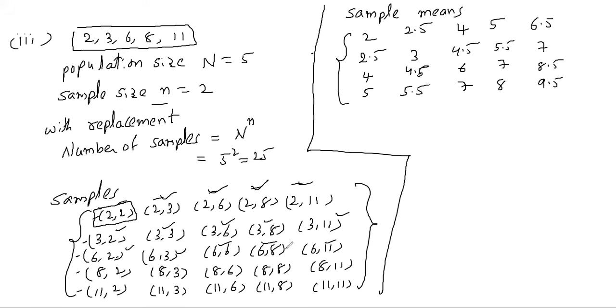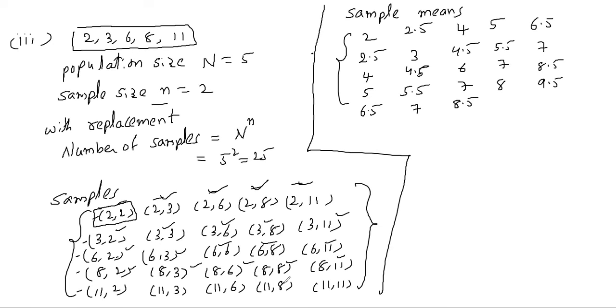Okay, next the last row. 11 plus 2 is 13, 13 by 2 is 6.5. 11 plus 3 is 14, 14 by 2 is 7. 11 plus 6 is 17, 8.5.